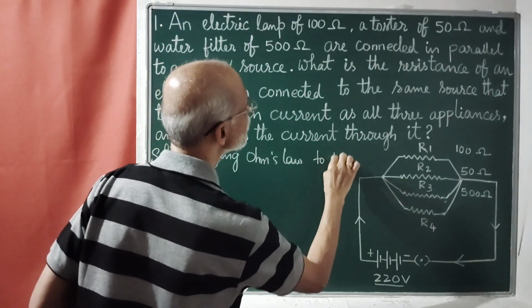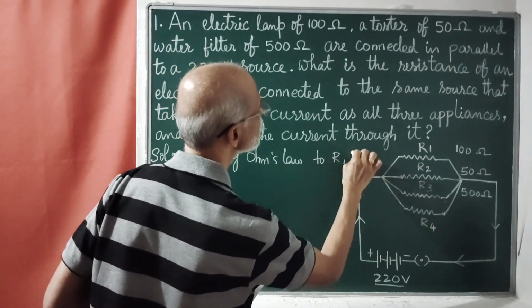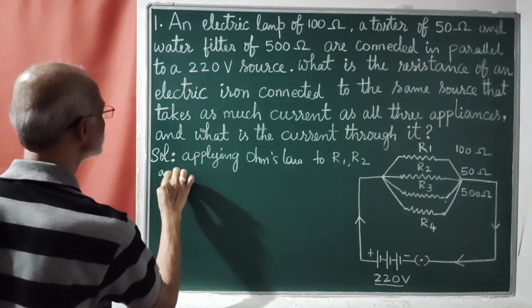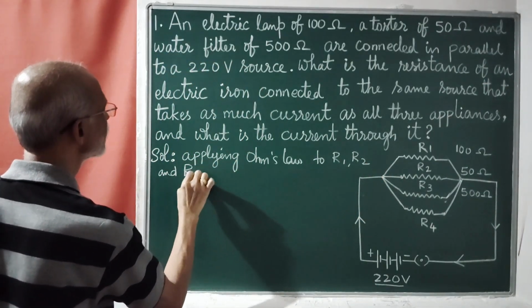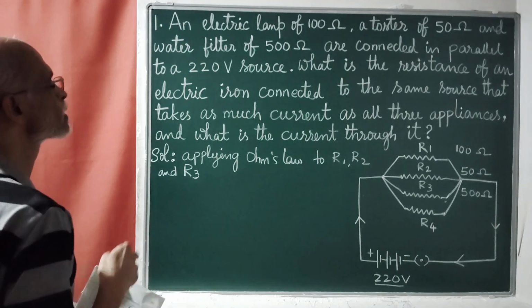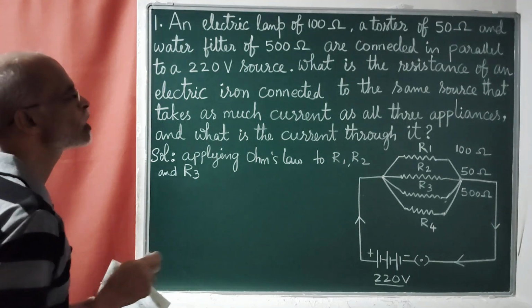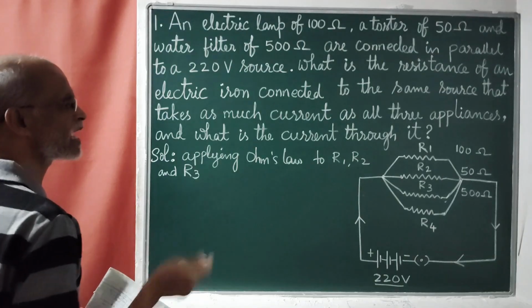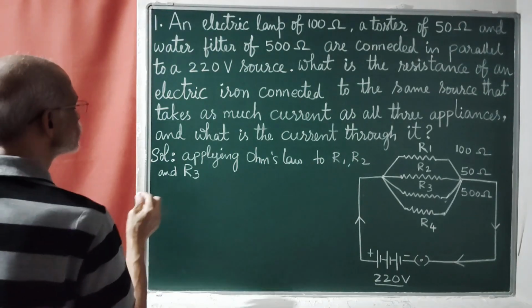By applying Ohm's law to R1, R2, R3, we will calculate the current I1, I2 and I3.